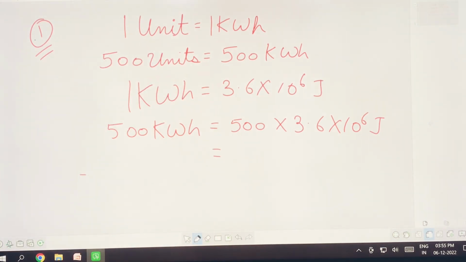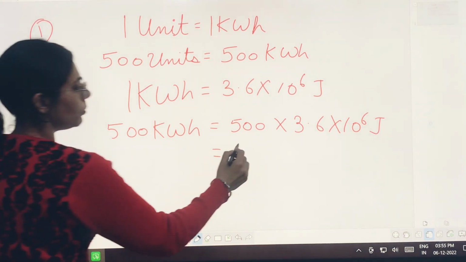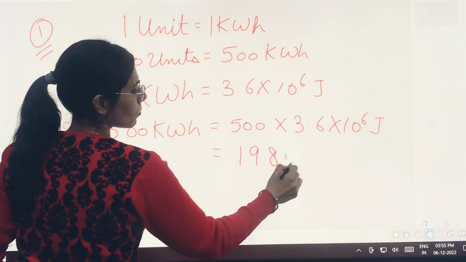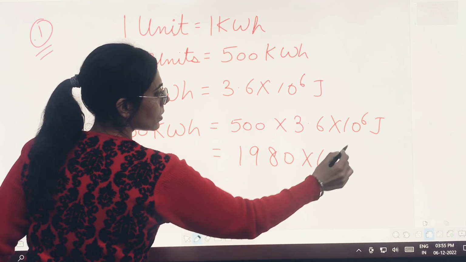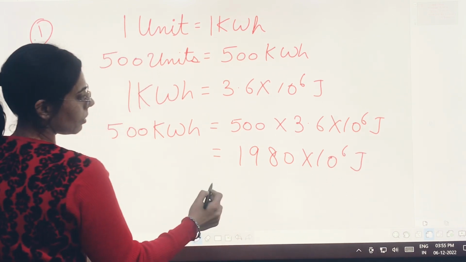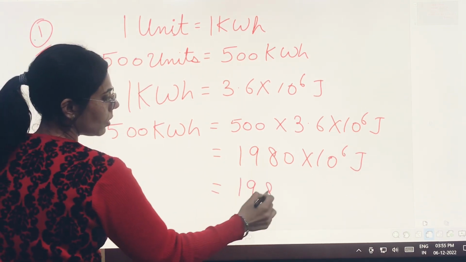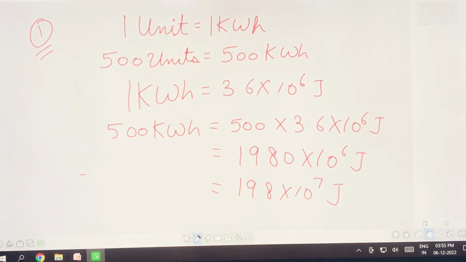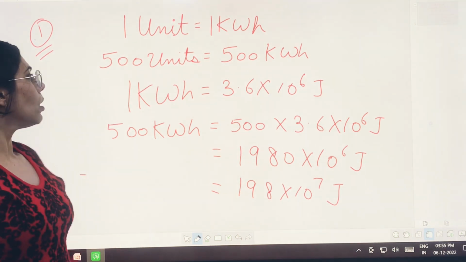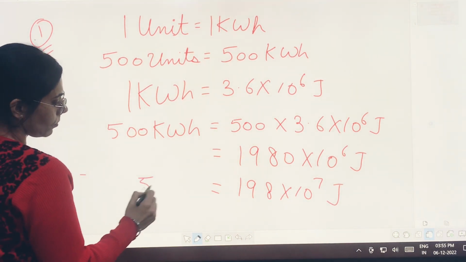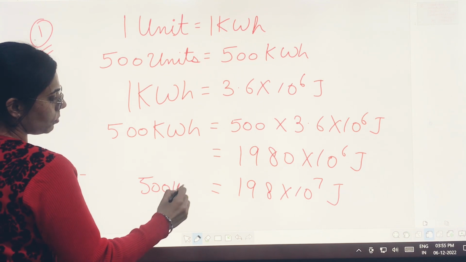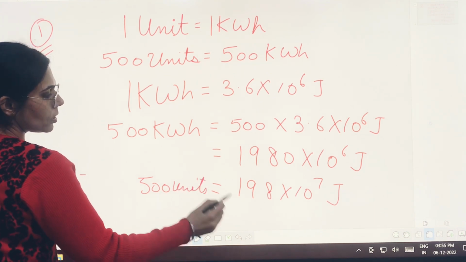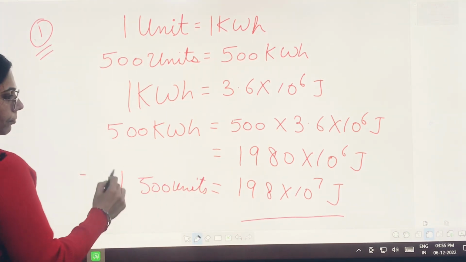The answer that we will get is 1980 into 10 raised to power 6 joules, and we can combine them to get 198 into 10 raised to power 7 joules as the answer. And yes, we have now converted 500 units into joules. So this is our answer.